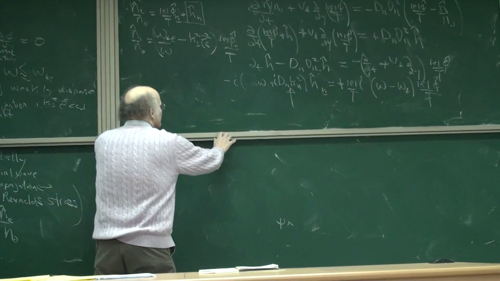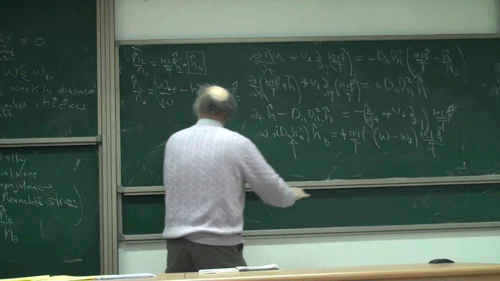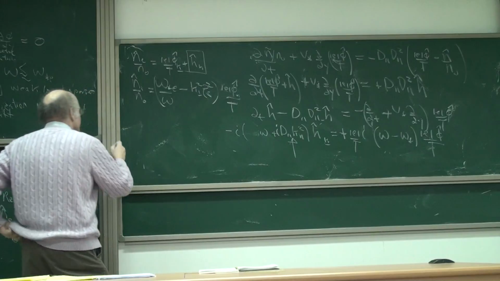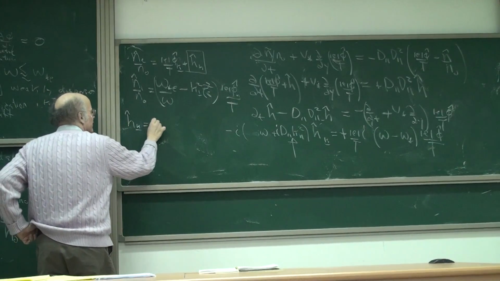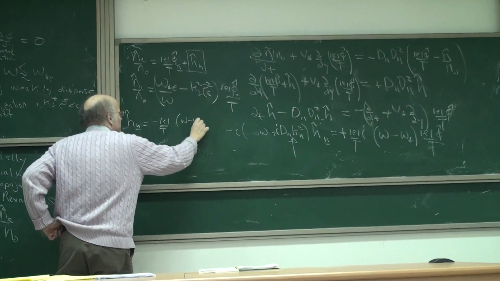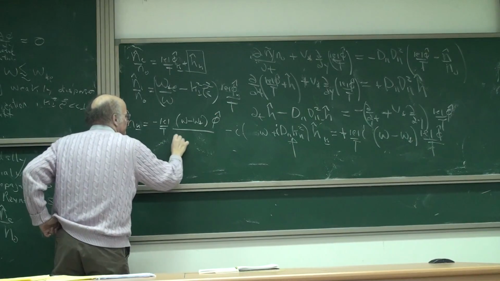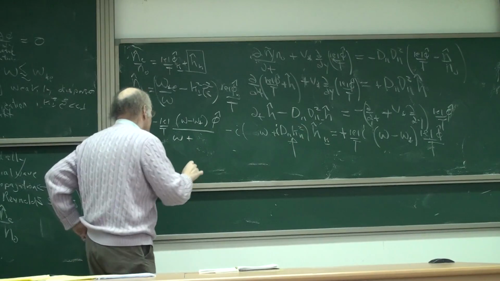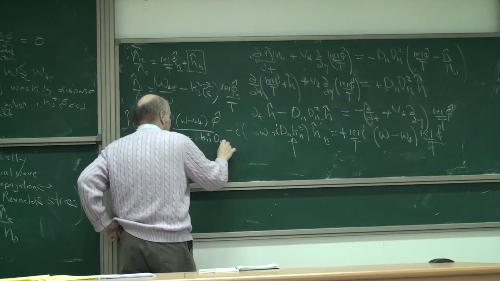So I still have some space here, so I can use it. So you notice I can write h tilde of k then is minus e over t, omega minus omega star times phi, over omega plus i k parallel squared d parallel, right?